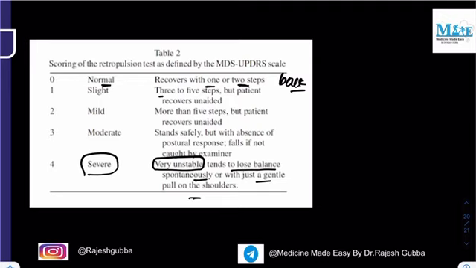Even if the patient takes almost 3 to 5 steps back, the patient is said to have Parkinsonism. In a normal individual, when the examiner releases, the patient will immediately recover within 1 or 2 steps back. That is normal postural stability. But after the release, if the patient takes several steps back, or even falls, then we consider it postural instability, which is suggestive of Parkinsonism.